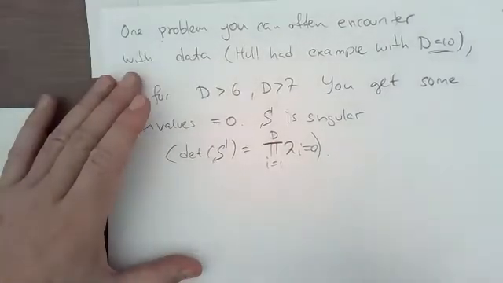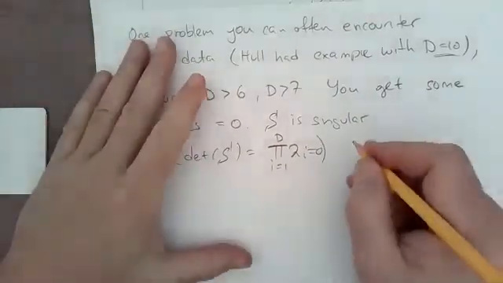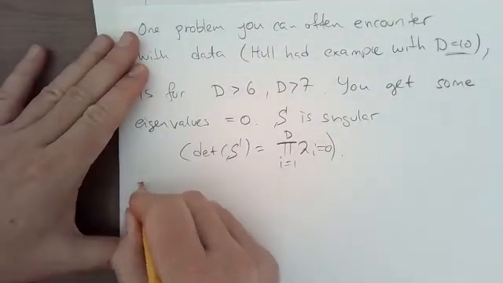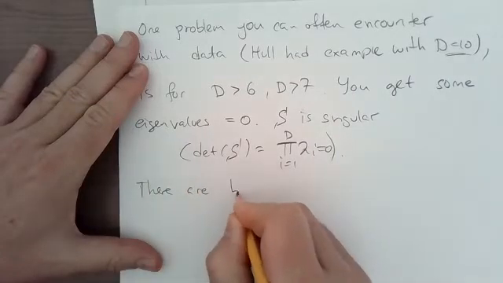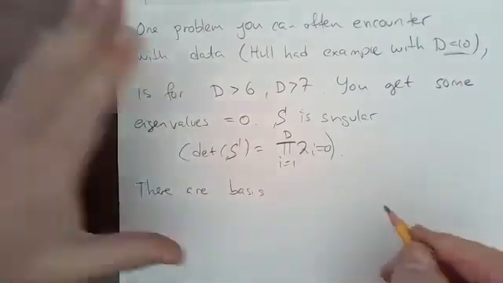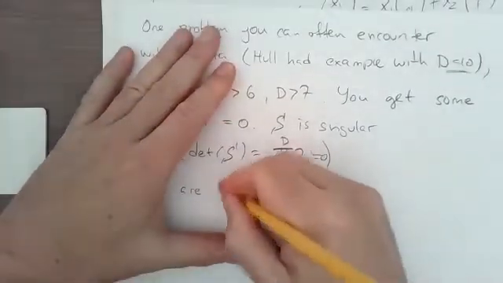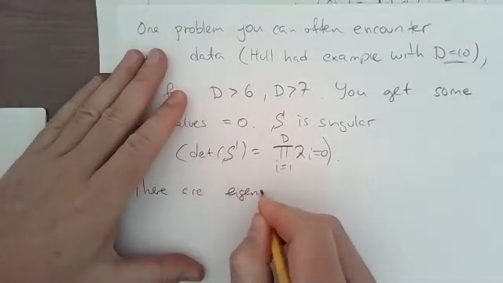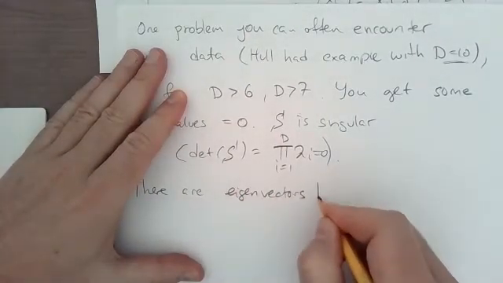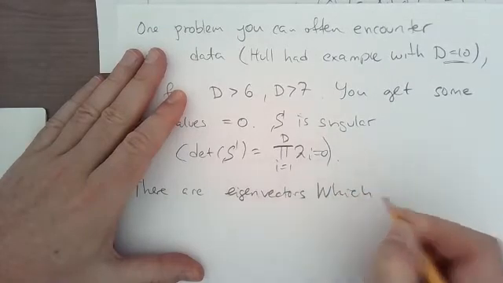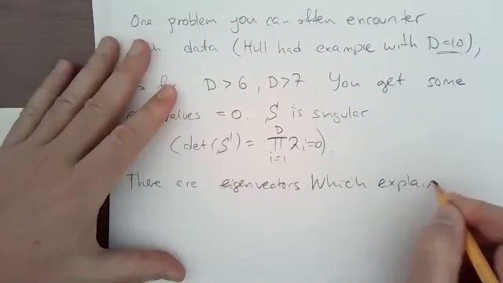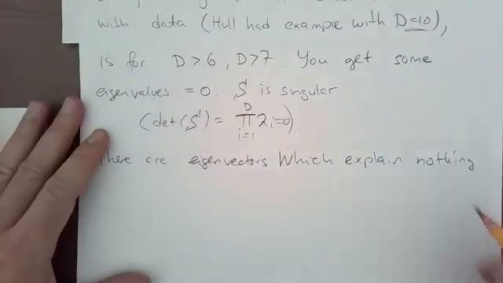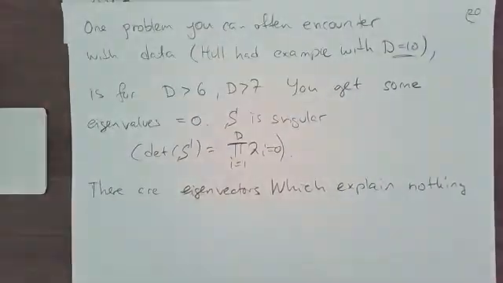Looking back at what we've done, this means that there are eigenvectors which explain nothing. And this is probably not completely correct.